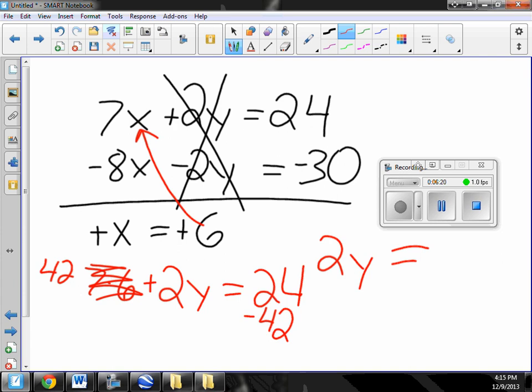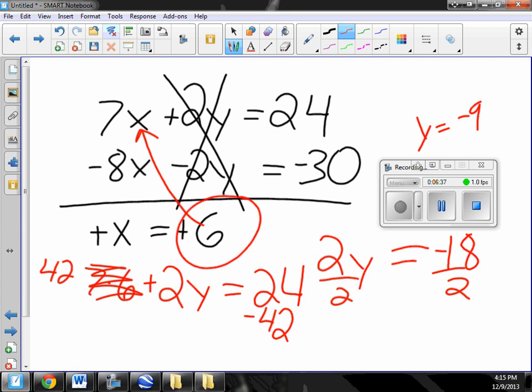It's going to be negative 18. Divided by 2, y equals negative 9. So my answer is 6 comma negative 9.